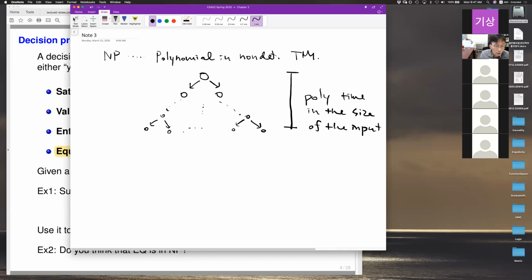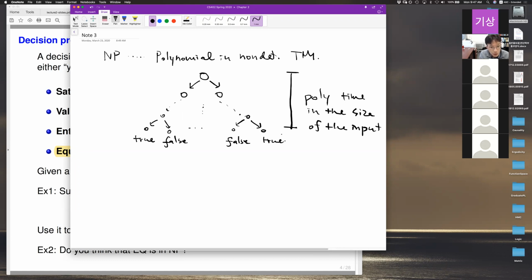Now, suppose this algorithm is solving a decision problem, so we might get some very confusing answers. Maybe this branch may return true, this one may return false, this one may return false, and this one returns true.